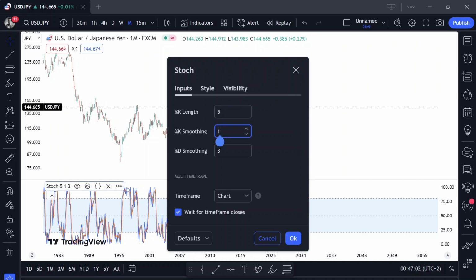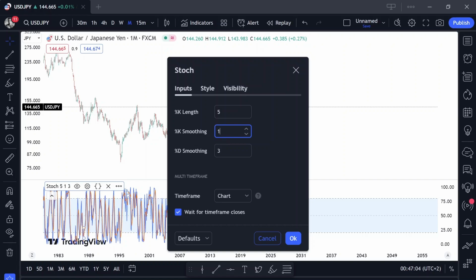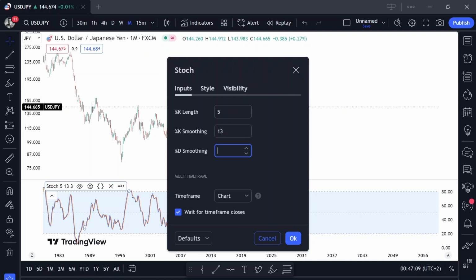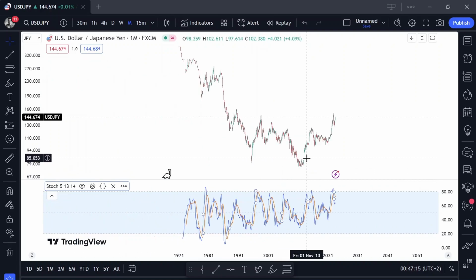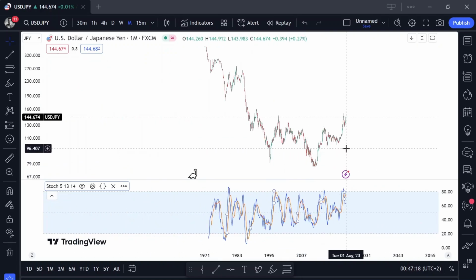Then on percentage K smoothing, it should be 13. Then on percentage D smoothing, it should be 14. Then after that, you click OK. So basically, these are the settings for our stochastic oscillator.